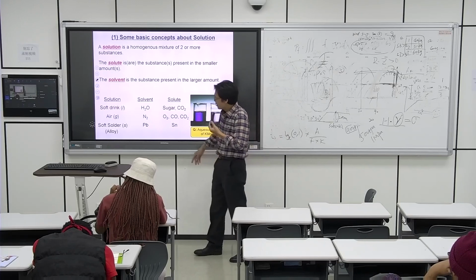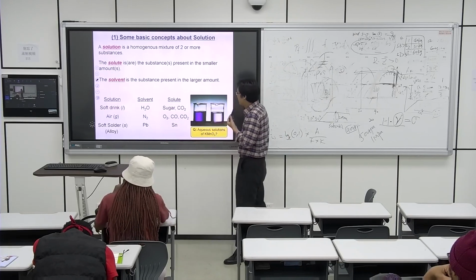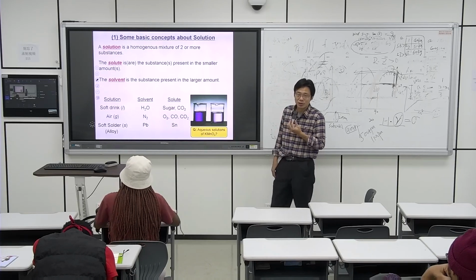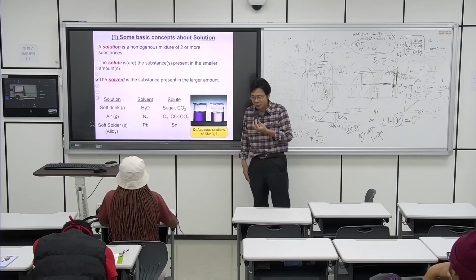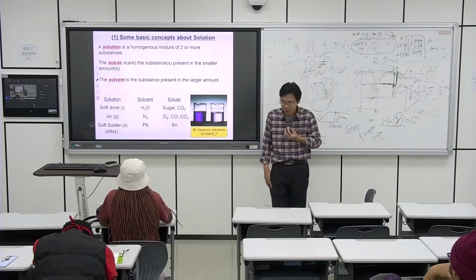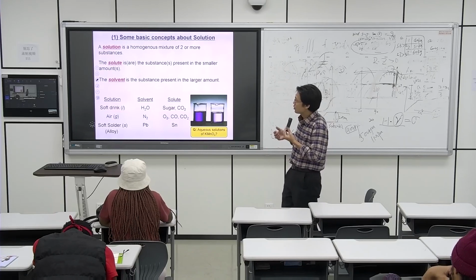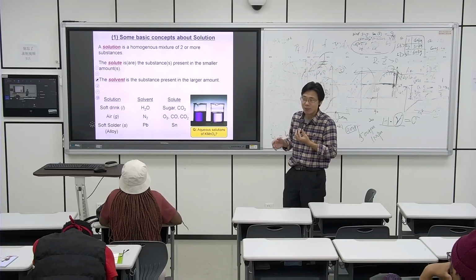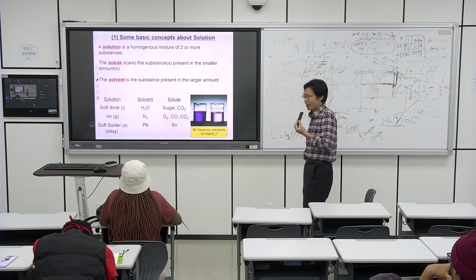In the metal alloy, the metal with the largest amount is the solvent, and the other metals are called solutes. So basically the solution is in liquid state, but it also can be in gas or solid state.